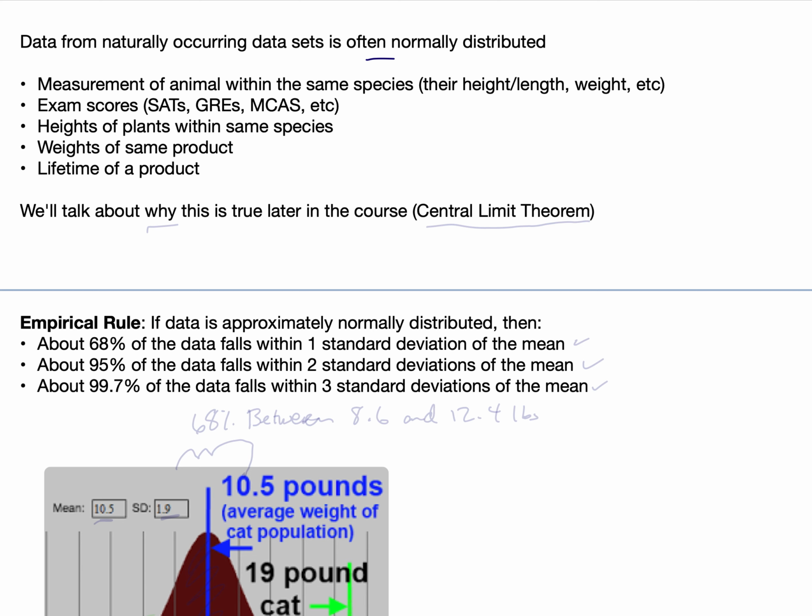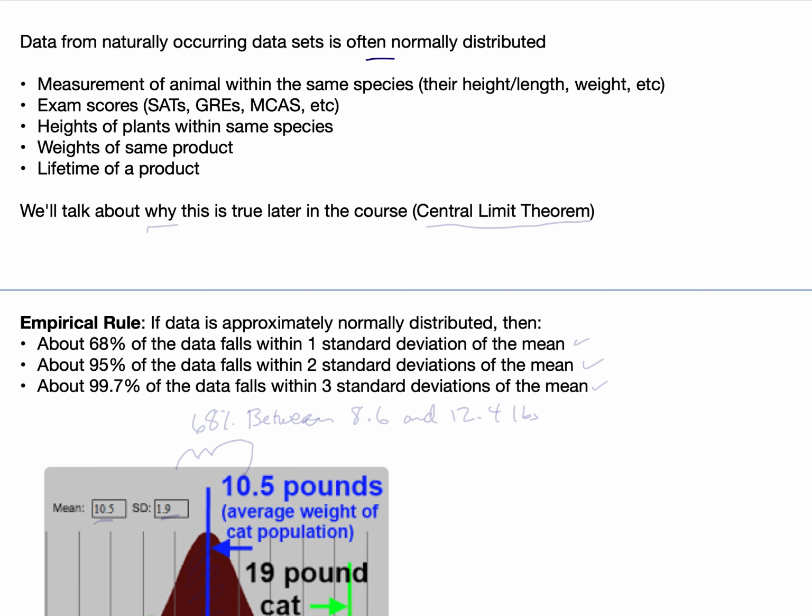Some things that are less natural also tend to have normal distributions. If you think about a measurement of a product, when many of them are produced, say a 12-ounce Coke can, they're intended to be 12 ounces, but not all exactly 12 ounces. There almost certainly is a normal distribution there with a small standard deviation.